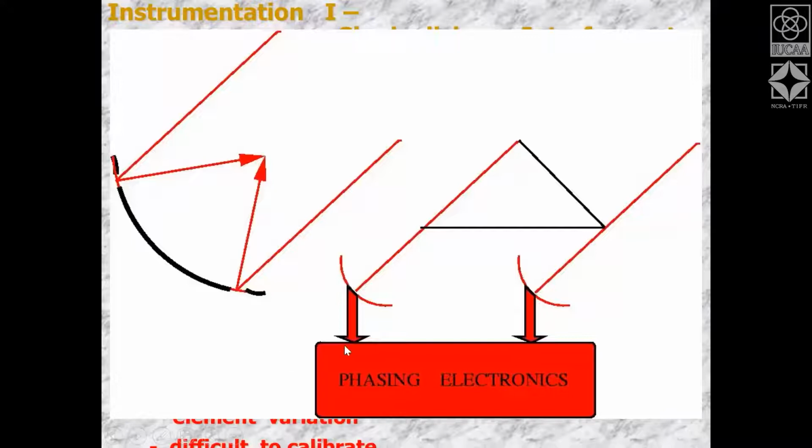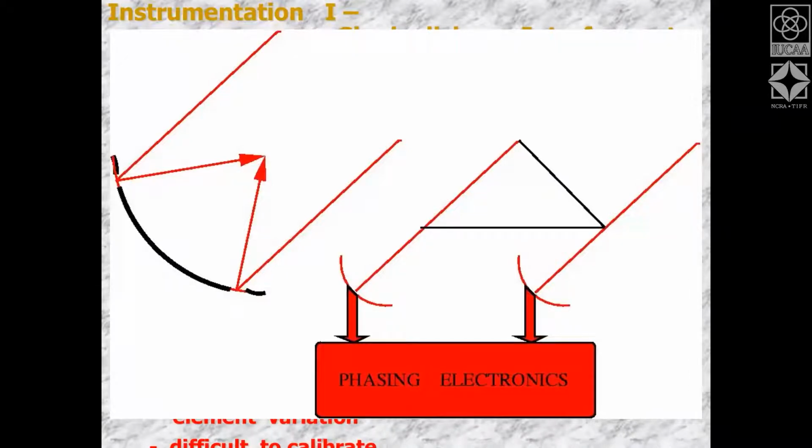So what is phasing? Phasing means that if you have an electromagnetic wavefront which is traveling towards your telescope, it will arrive with certain delay at different telescopes, in very simple terms. I don't want to go into mathematics here. So it will arrive with a different delay at each of the telescopes.